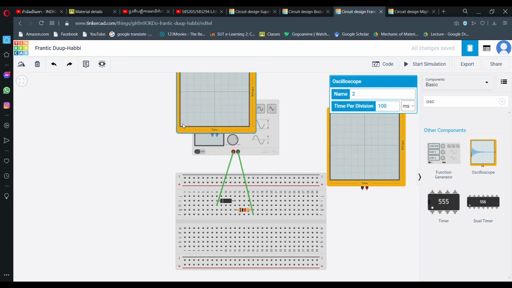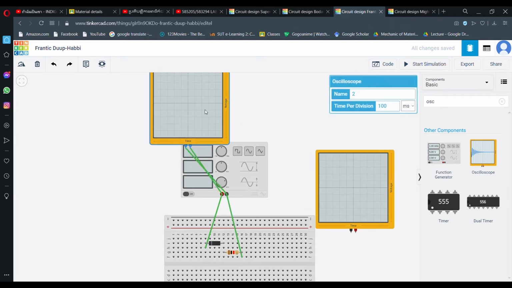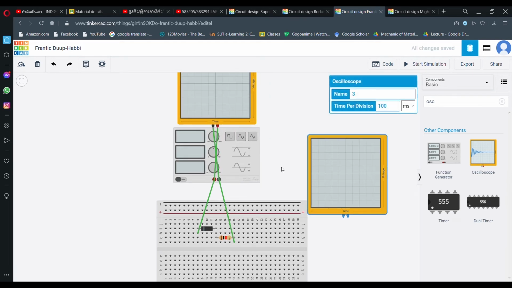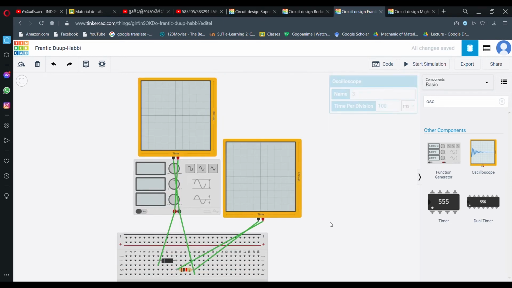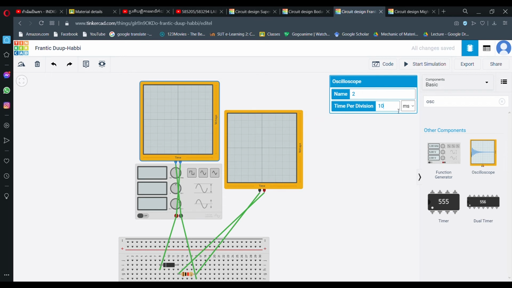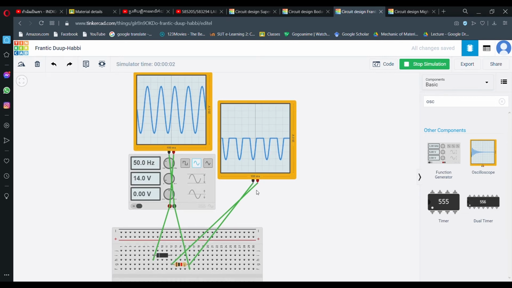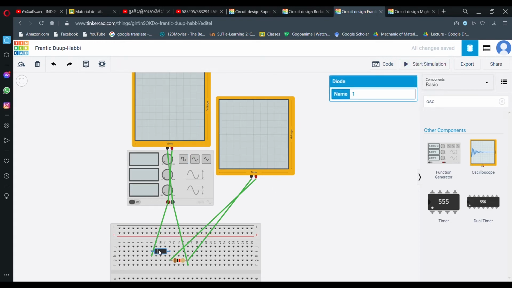I'm going to need two of them. With one, I'm going to measure the voltage from the supplier, and with the next one, I'm going to measure the voltage across the resistor. Oh wait, like this.